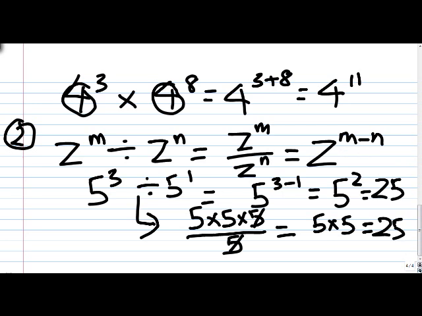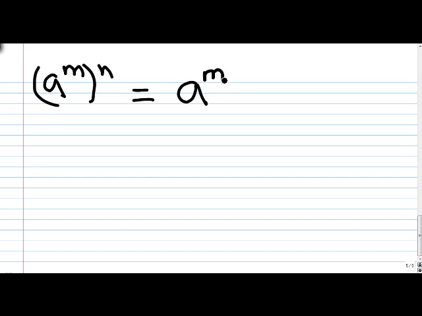Let's go on to the third and last formula. If you have a to the power m, bracket n, you can expand this to be a to the power of m times n.